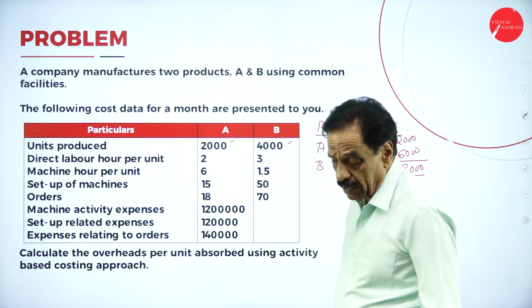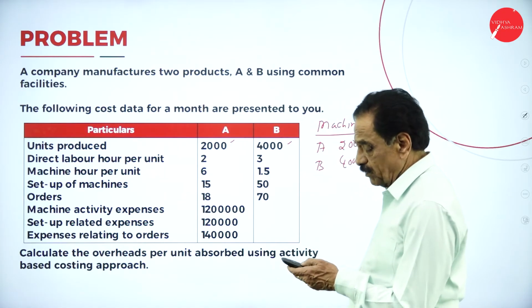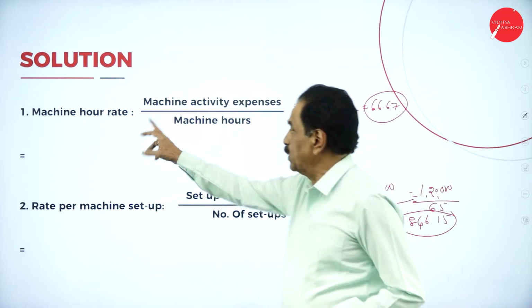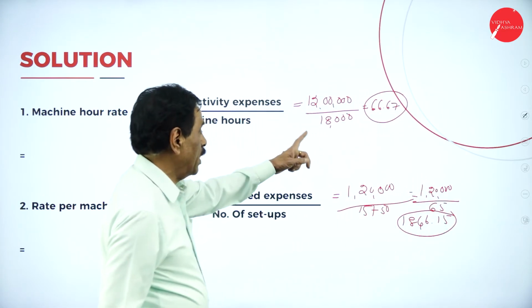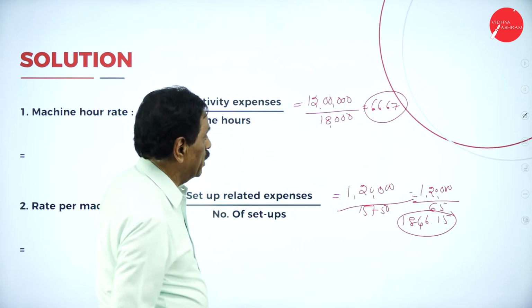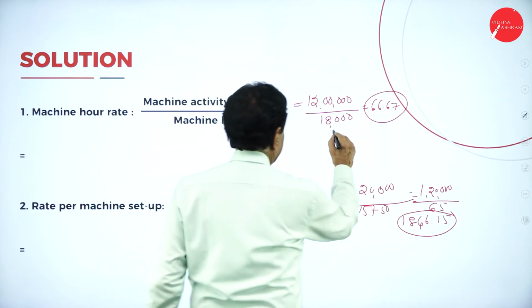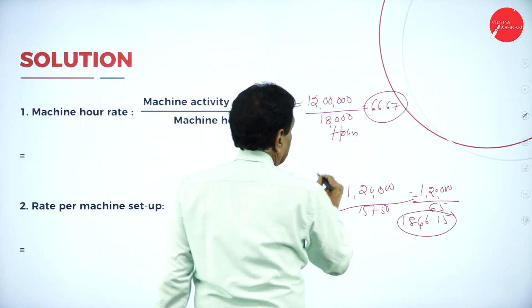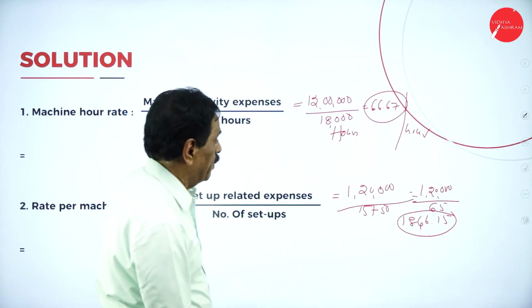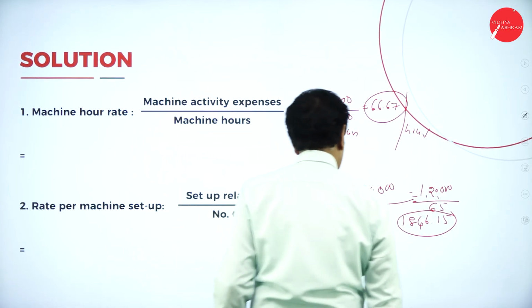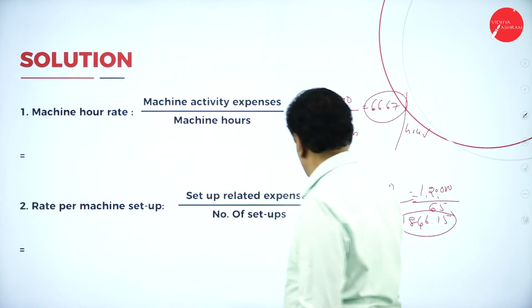We'll go with the single one. Machine hour rate is machine activity expenses divided by machine hours: 12 lakh divided by 18,000 hours, which is 66.67 per hour. Setup related cost is 1,20,000 divided by 65.